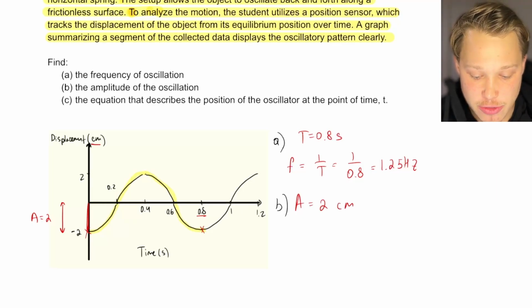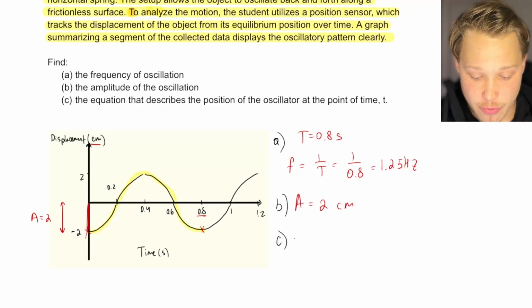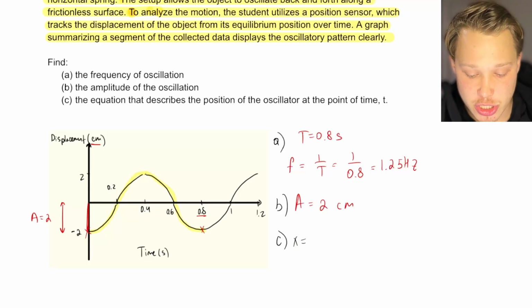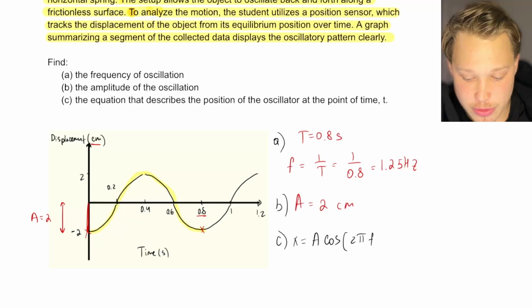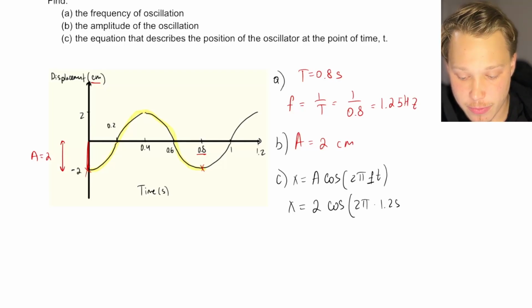Finally, we have to write a final equation that describes the position of the oscillator at the point of time t. So we have two equations that describe position. x is equal to A cosine 2 pi f times t. So we just have to plug in A, which is 2 centimeters, and for f, we have to plug in 1.25.